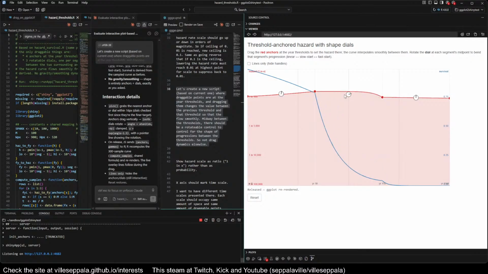Because I'm thinking it might well be that, for example, this existential hazard could be higher in year 2050 than it is in year 2036.